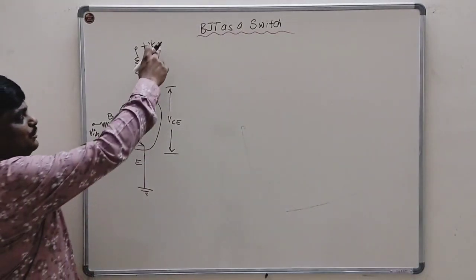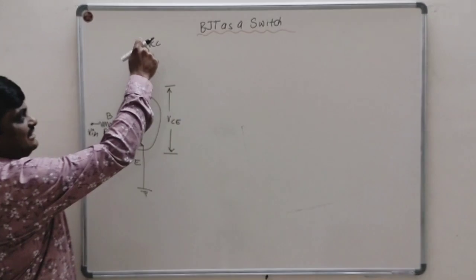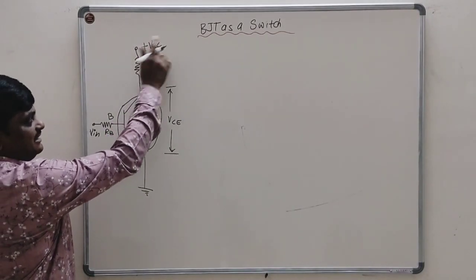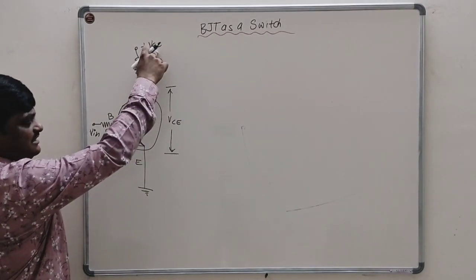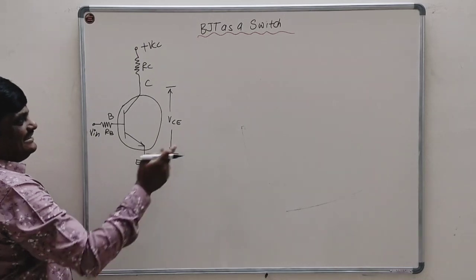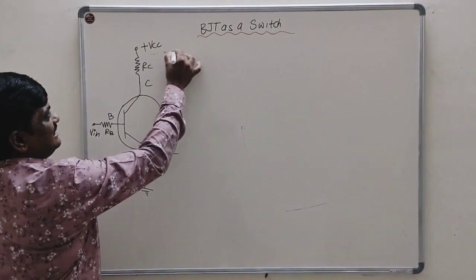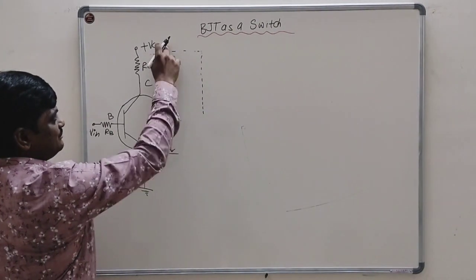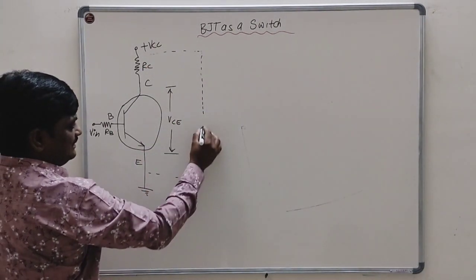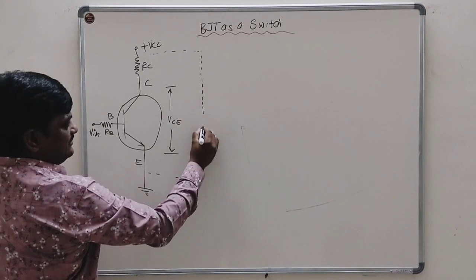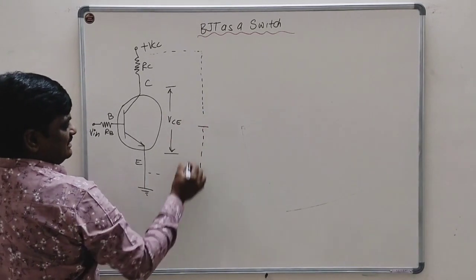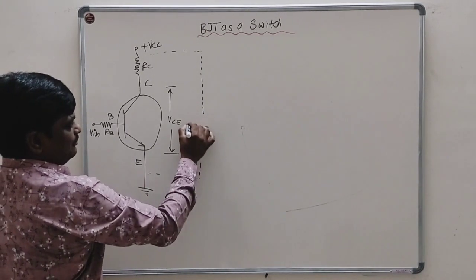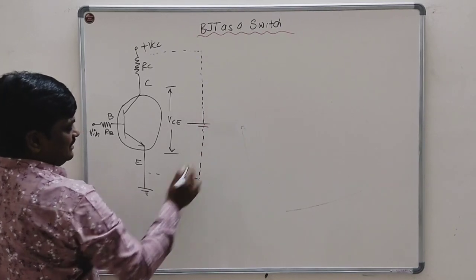Here the potential is plus VCC, obviously with respect to ground. So it indicates that there is actually a DC supply between the VCC point and the ground point, whose negative terminal is the ground point and positive terminal is plus VCC.